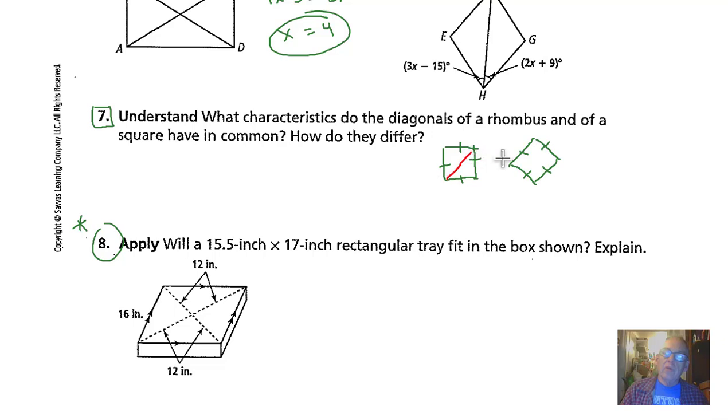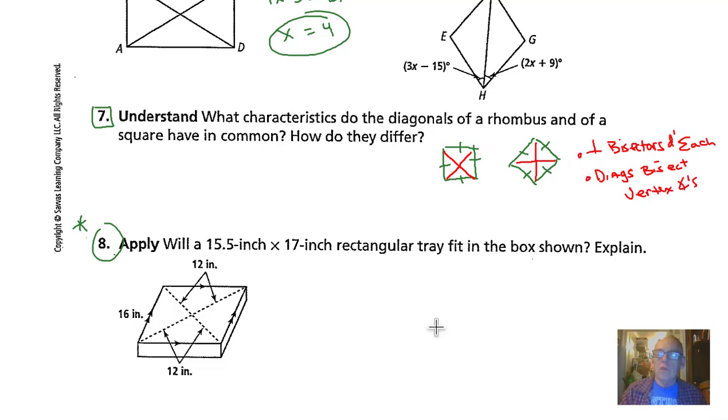Well, the diagonals are going to be perpendicular bisectors of each other. The diagonals are going to bisect the vertex angles.